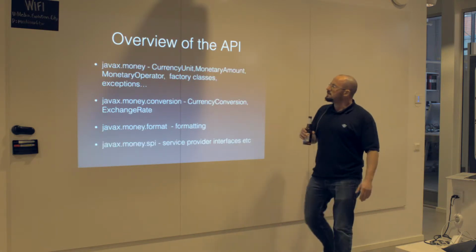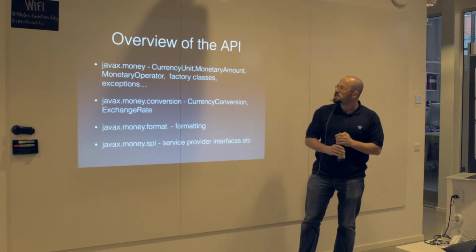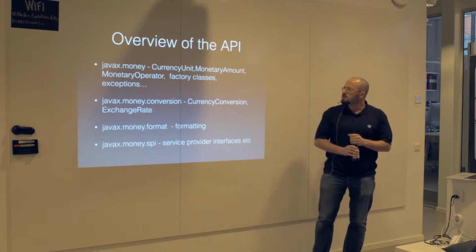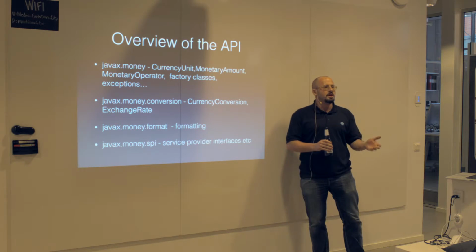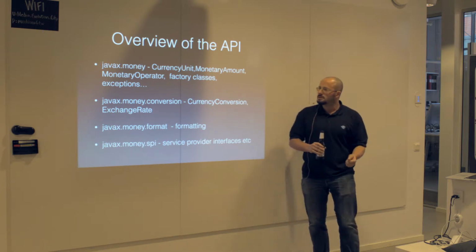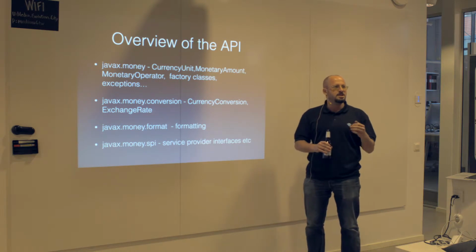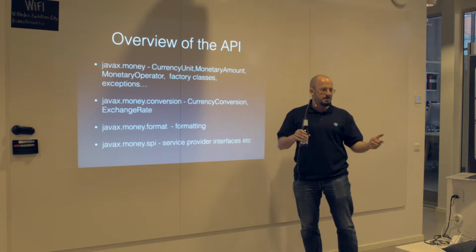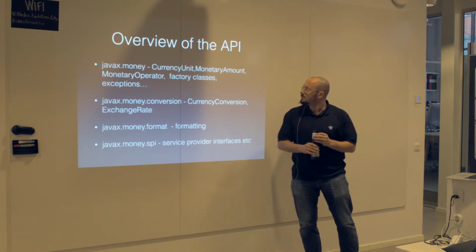So the API is mostly in the javax.money package, where we have a couple of types. We'll start with CurrencyUnit. That's a currency, like the Swedish krona. Currency uses an interface. The actual implementations are in the reference implementation and maybe in the future other implementations.